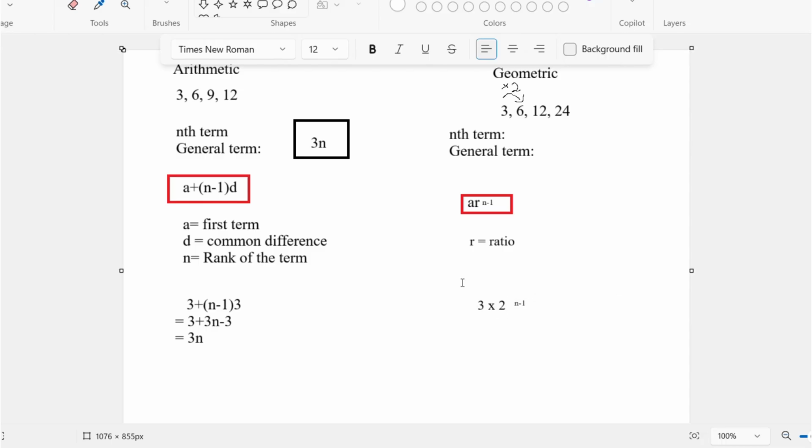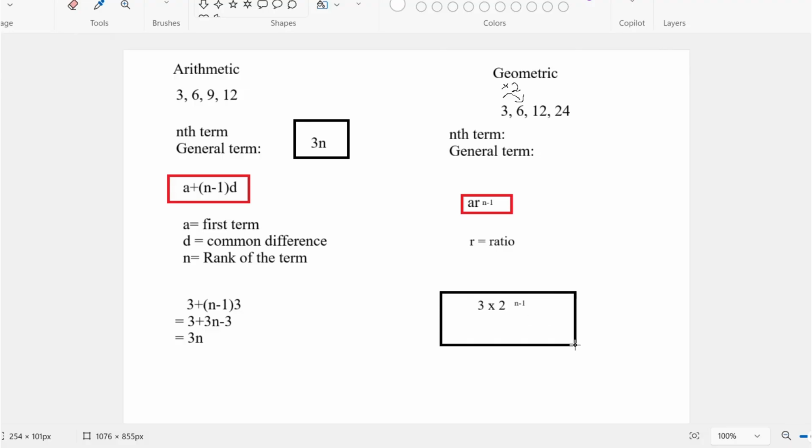So this would be the general term of our pattern. So let's put a box around it. So now we know how to find the general term of an arithmetic pattern or a geometric pattern.